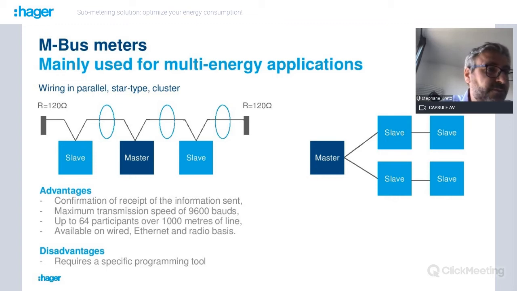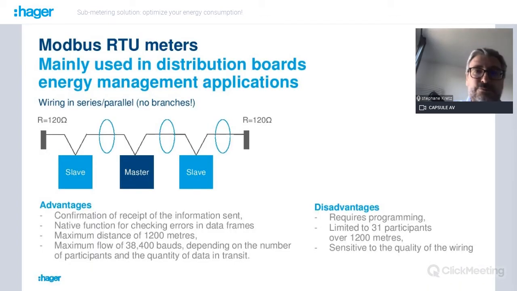You can transmit at quite high speed and quite a long length, up to 1,000 meters offline. Okay, and you can have it wired, Ethernet, and also an RF, radio solution. So it's an interesting solution, mainly linked to multi-energy. Then we have Modbus.